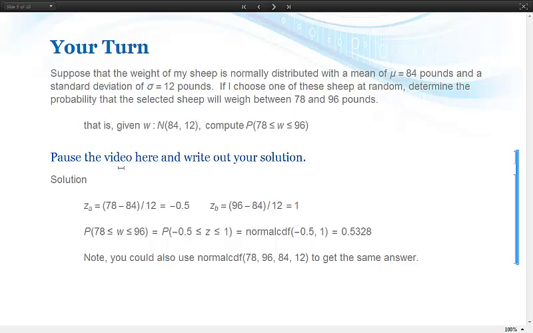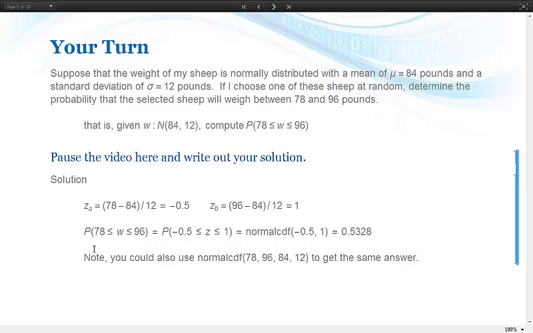First I convert my limits, my 78 and 96, to z-scores to put them on the standard normal curve, the standard bell curve. So 78 minus 84 divided by 12 is negative 0.5. The upper limit, 96, converted to the z-scale is 96 minus 84, divided by the standard deviation, 12 over 12, which is 1.